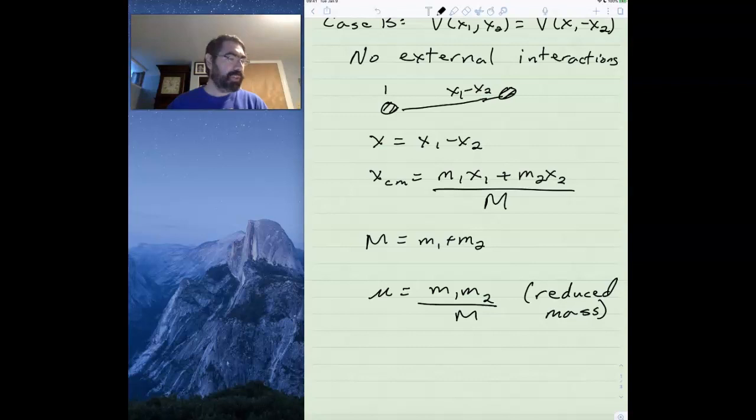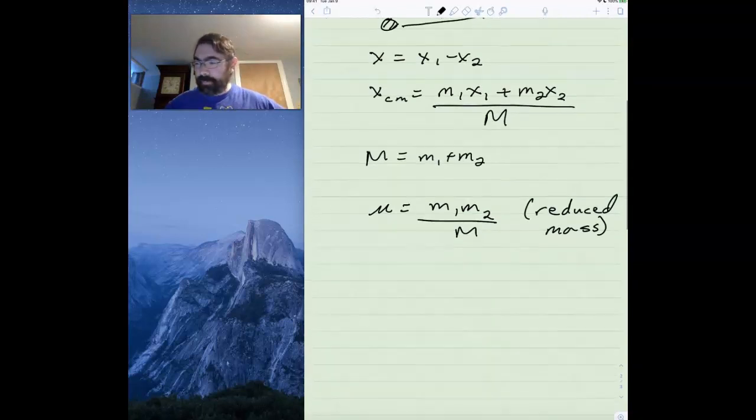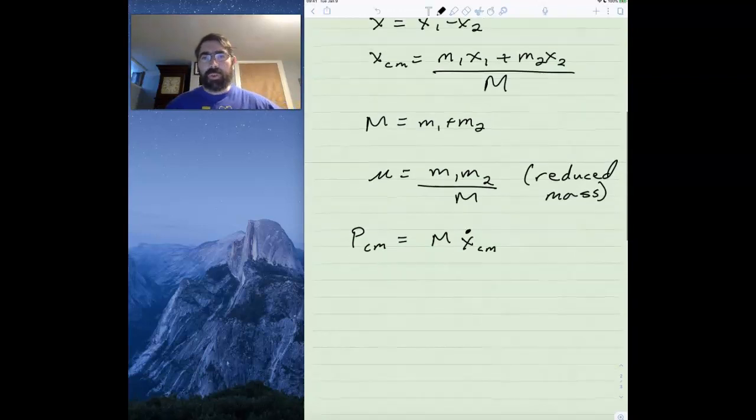If we look at the momentum, the momentum of the center of mass is just the mass times the velocity of the center of mass, x dot. So now the whole system is moving, and we're tracking its center of mass position.